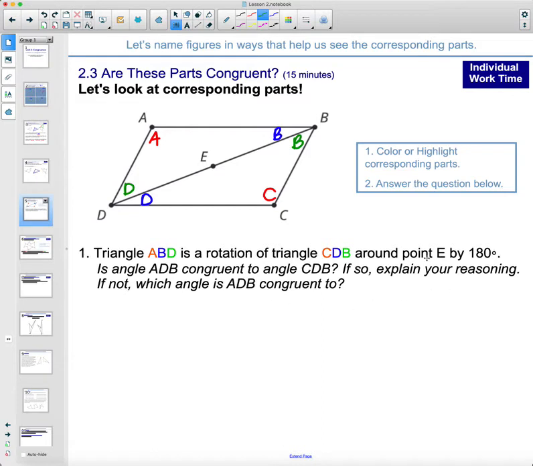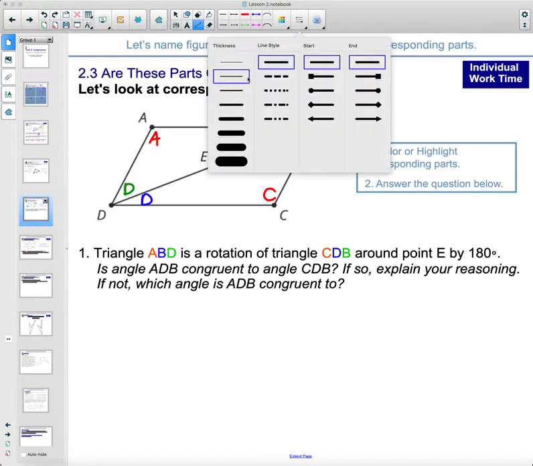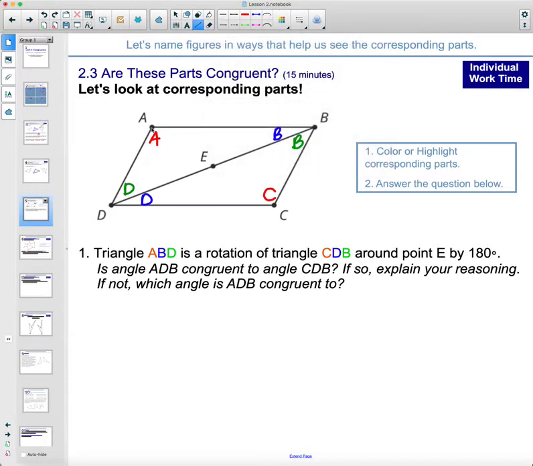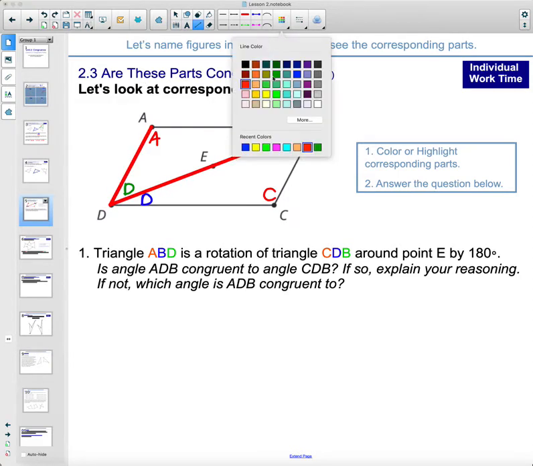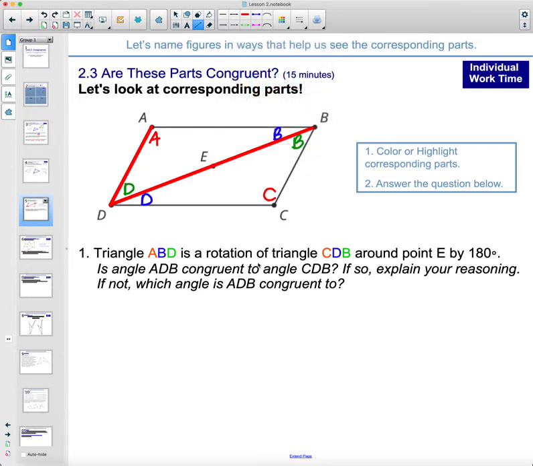All right, and so is angle ADB, let me highlight it here, is what you're trying to figure out. Is angle ADB, this angle here, the same as angle CDB? So are those two angles the same or not? Explain your reasoning. In this case, that would not be true because this top angle here, this angle ADB, did not rotate down to this one.